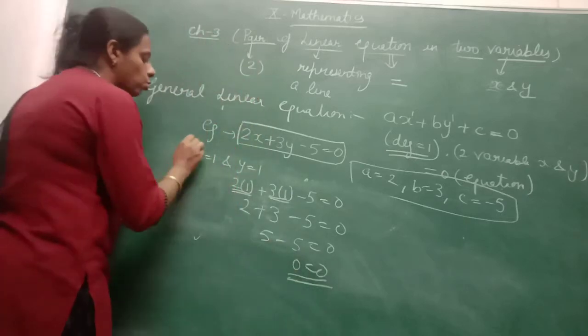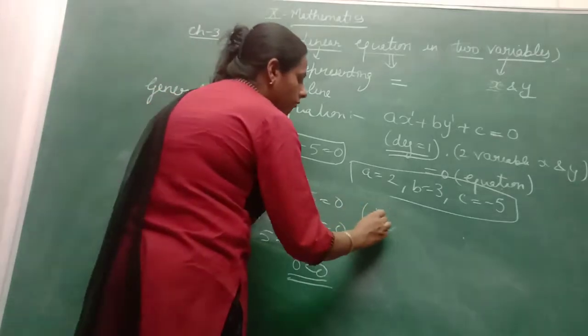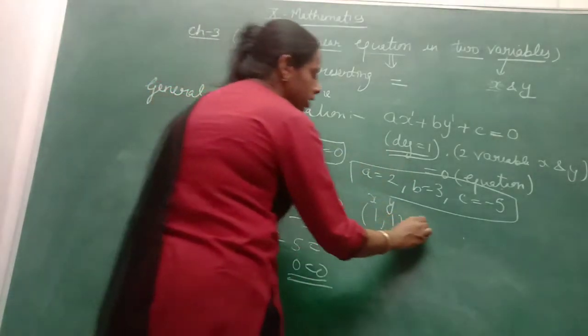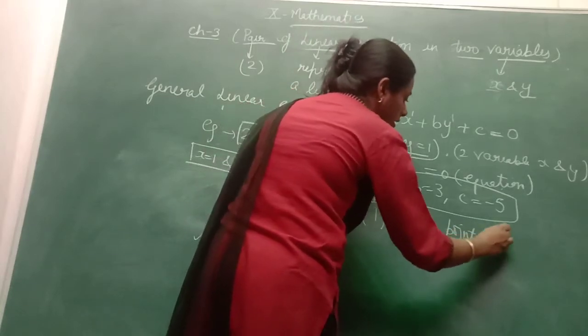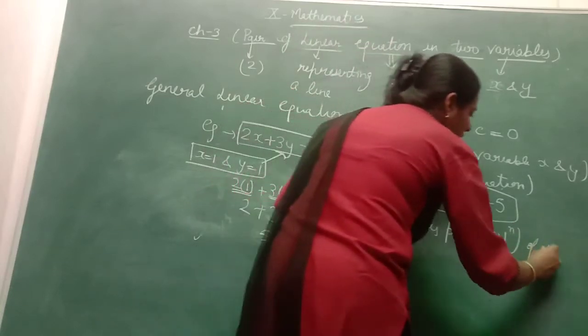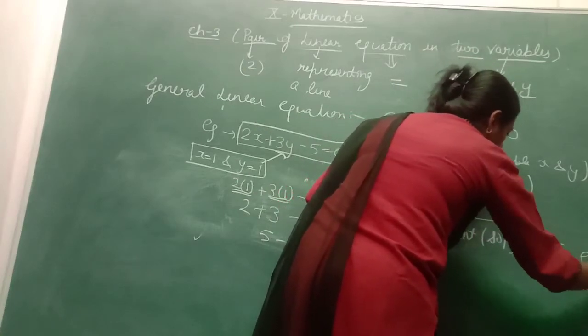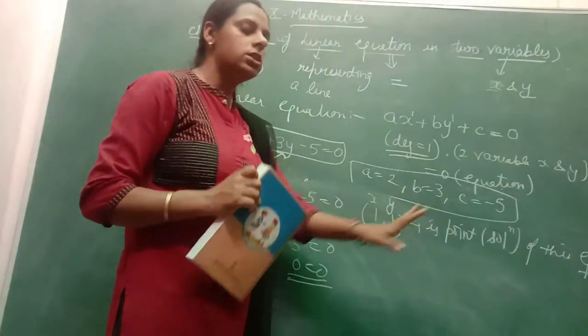It means this point satisfies this equation. So 1 is the value of x and the second 1 is the value of y, and this is a solution of this equation.